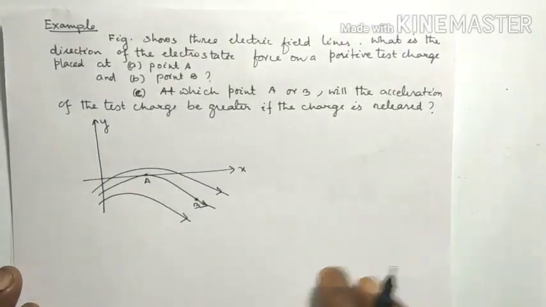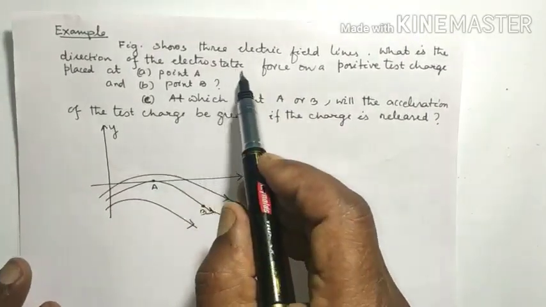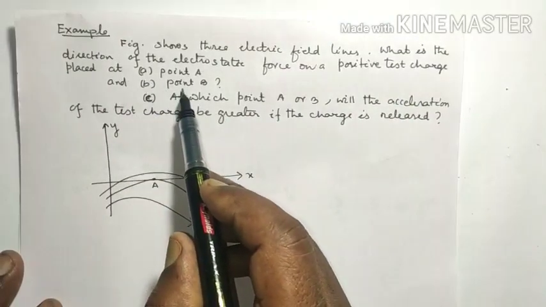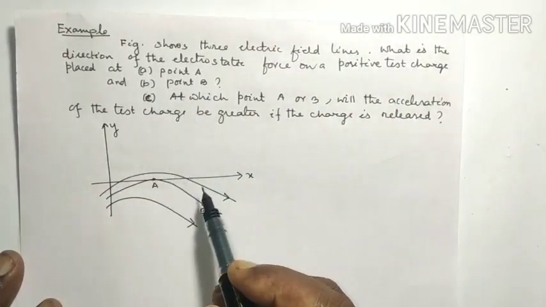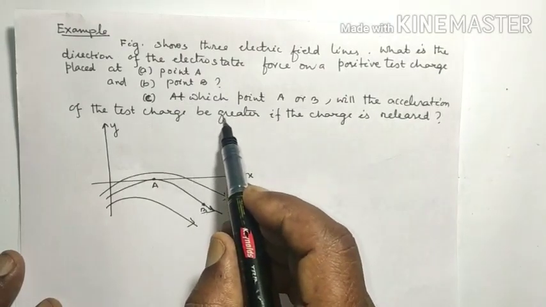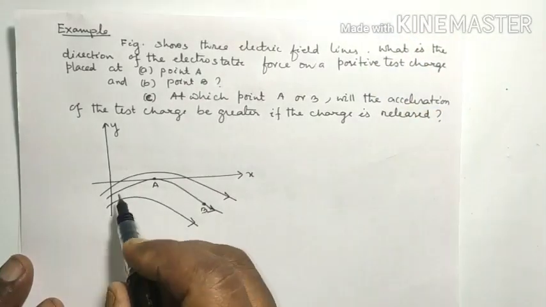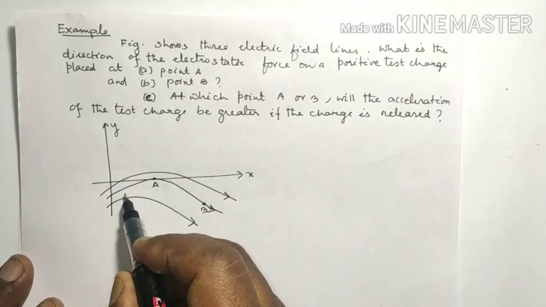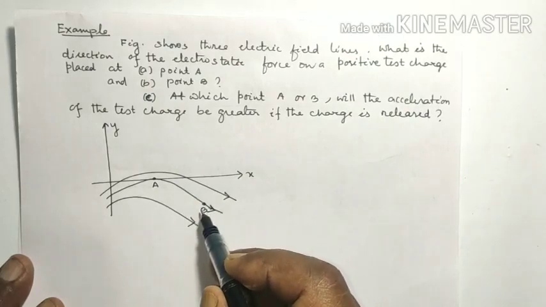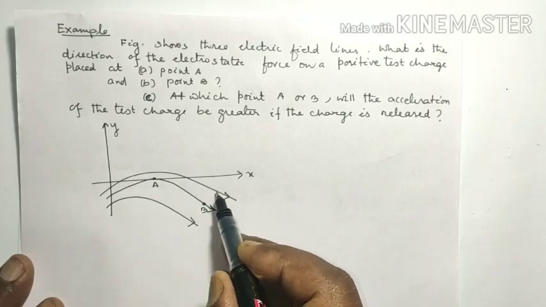Next example. There are 3 field lines. The question is, what is the direction of electrostatic force on a positive test charge placed at A and at B? At which point, A or B, will the acceleration of the test charge be greater if the charge is released? These 3 lines are closer on the left side and separated on the right side. So at A the field is stronger and at B the field is weak.